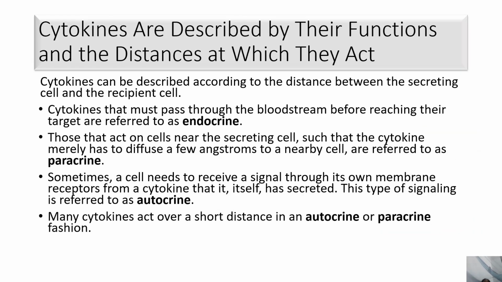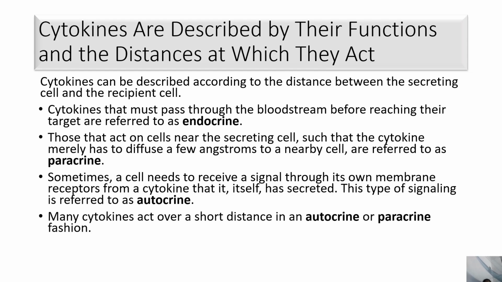Cytokines can be described according to the distance between the secreting cell and the recipient cell. Cytokines that must pass through the bloodstream before reaching the target are referred to as endocrine. Those that act on cells near the secreting cell, where the cytokine merely has to diffuse a few angstroms to a nearby cell, are referred to as paracrine. And sometimes a cell needs to receive a signal through its own membrane receptors from a cytokine that it itself has secreted.